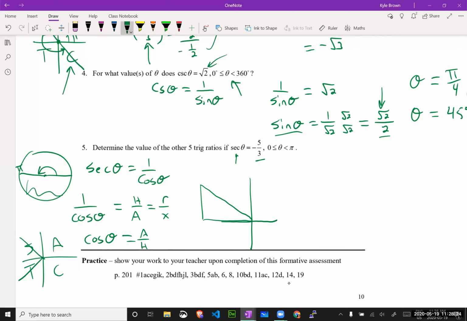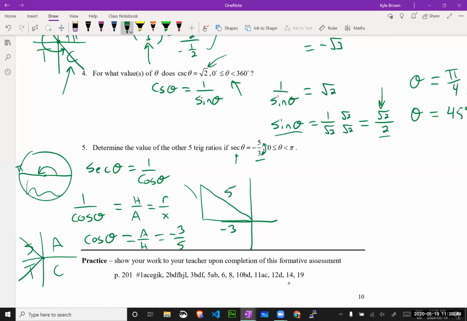Then the adjacent in this case, so let's say -3 over 5, right? Just flipping these two guys around for our cos. So cos is going to be -3 over a hypotenuse of 5, right? So those are the two things that we know from our triangle so far, -3 and 5.